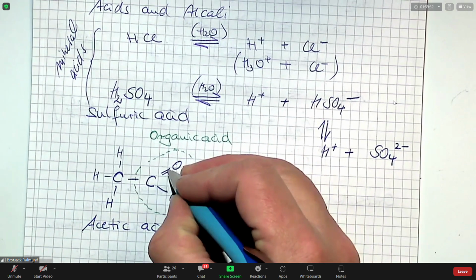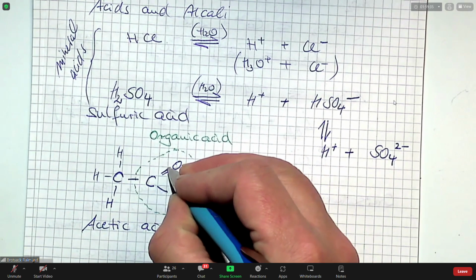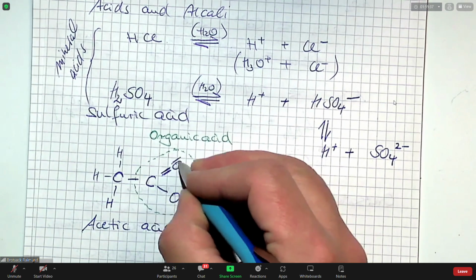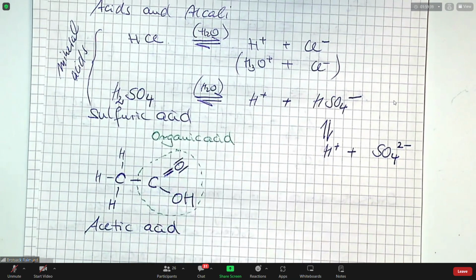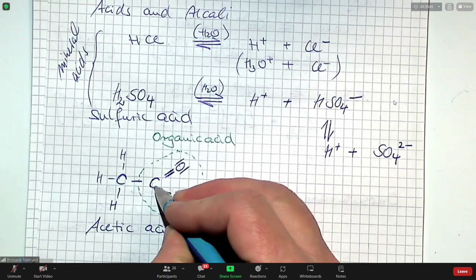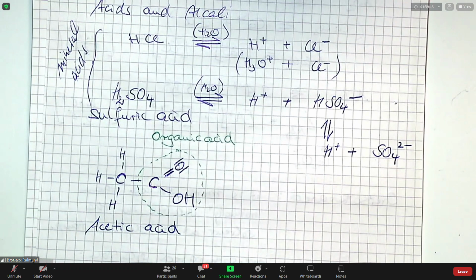Here we have a sigma and a pi bond. So the carbon, what's the hybridization of this carbon at the acidic part here? sp3 is that one. What is the sp3?